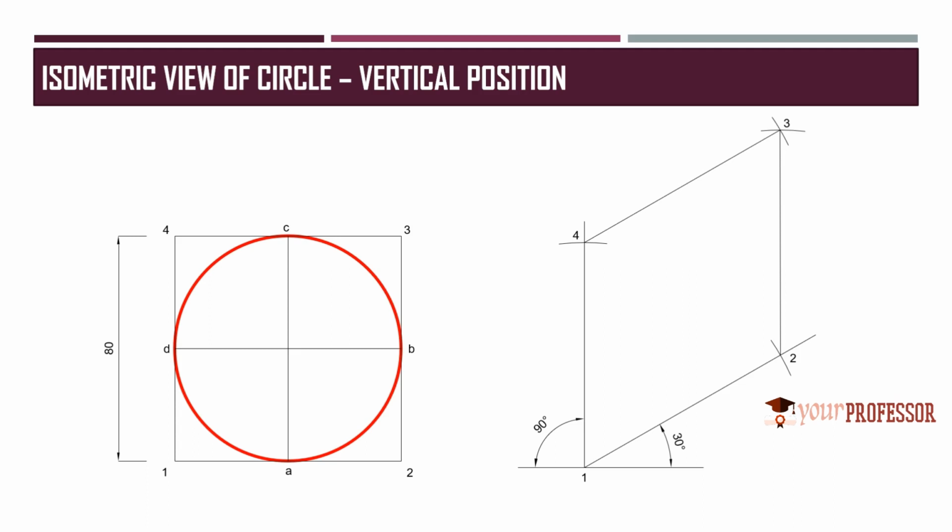Now let's go for construction of the circle. We just need to transfer the distances 1A, 2B, 3C, 4D, right? For that consider 40 mm radius.